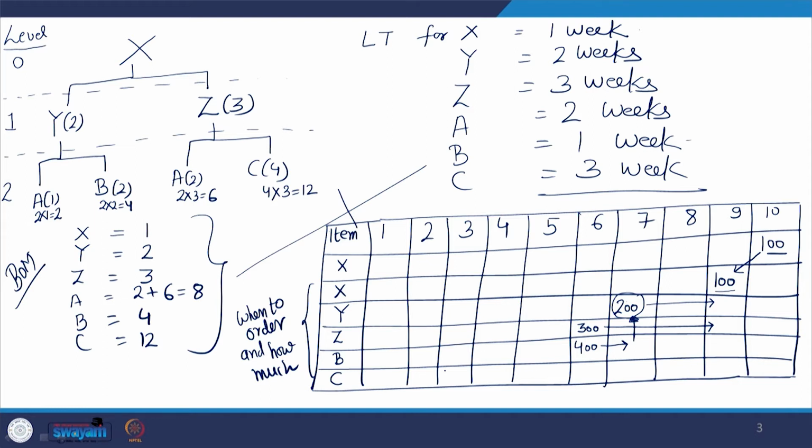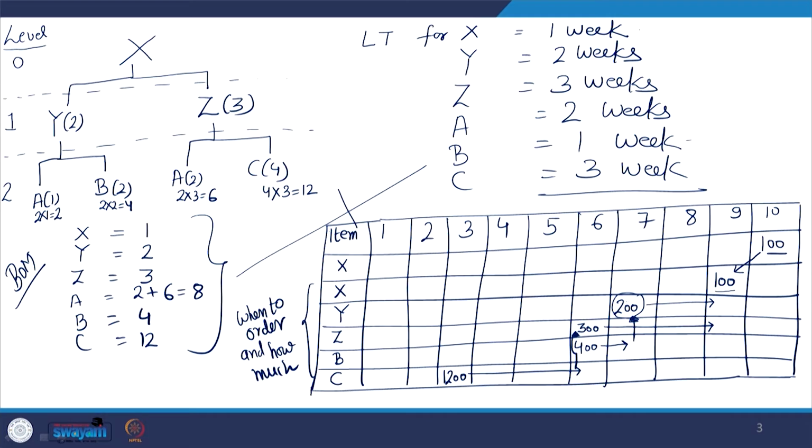So, for 100 we require 1200 and it is having a 3 week lead time. So, for this quantity I am going to use these number of C's.